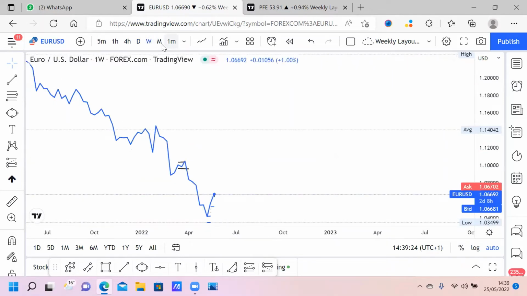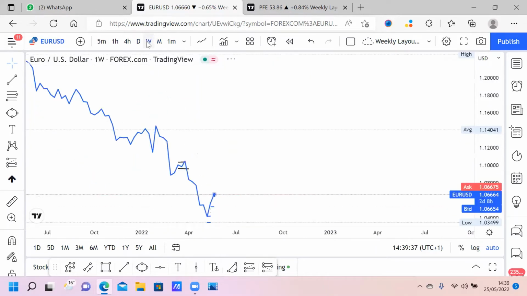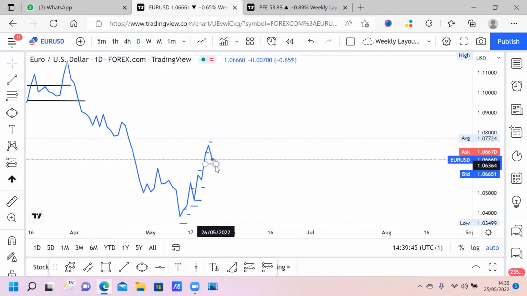So if you look at it from the monthly point of view, okay, it's just reversing from that, but overall the trend is down. There's no buyers here. On the weekly, the buyers have just taken control, but they're not really taking much control. On the daily, it's doing a reversal.